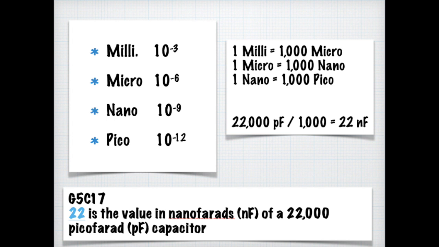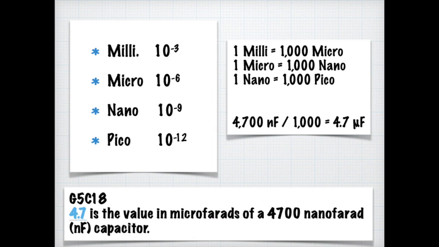You can see the pico is 10 to the minus 12th, nano is 10 to the minus 9th. That's 3 zeros in between. So to go, you just simply divide. Or you could just understand that 22 is the value in nanofarads of a 22,000 picofarad capacitor.